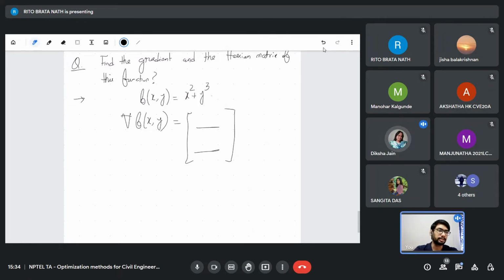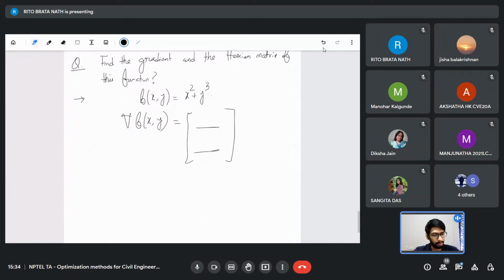Actually, I think what you are telling is a Hessian method. Yeah, so it's not the gradient, I guess. Okay, so anyone else, or probably I can answer it. Yeah, so what Diksha mentioned is a Hessian matrix expression.